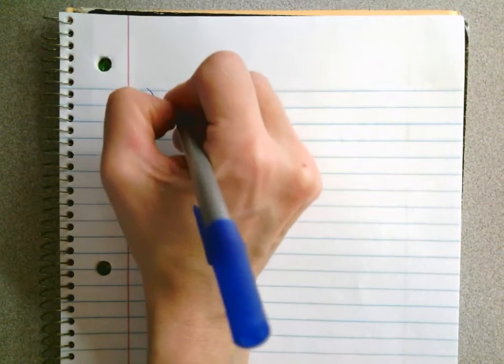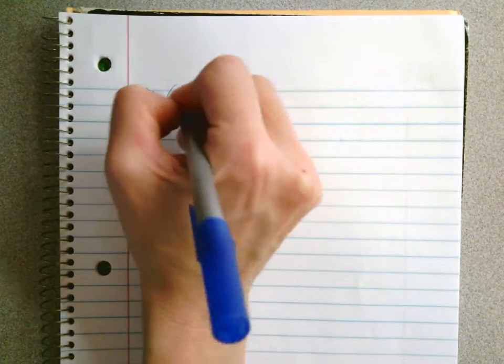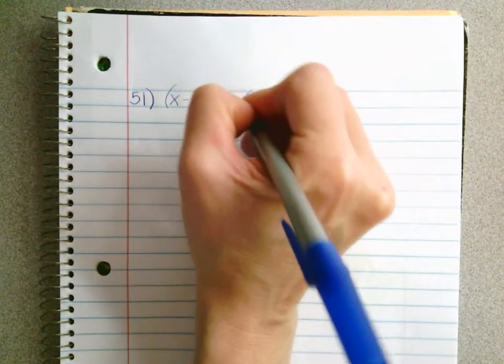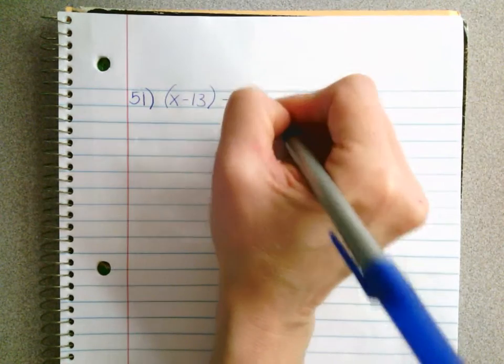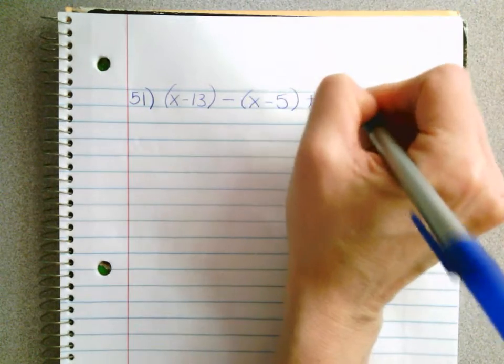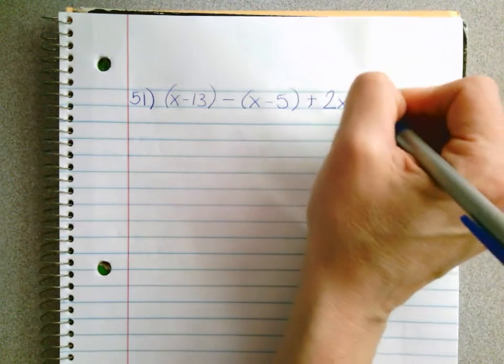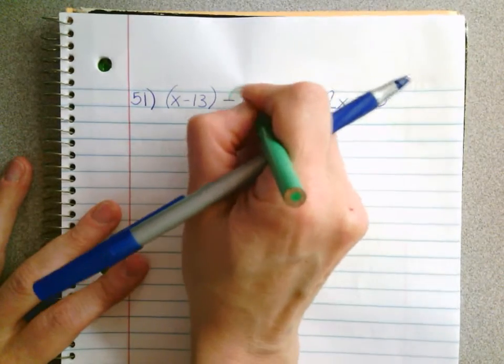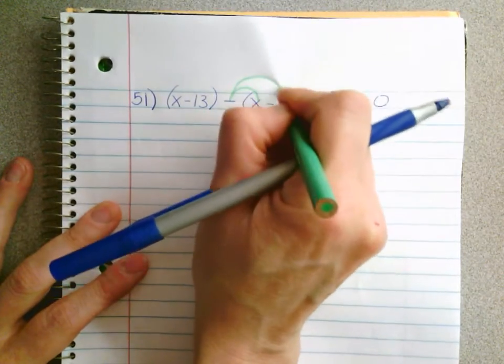Whatever x minus 13 is, minus x minus 5 added to 2x is equal to 0. Here's the tricky part. This applies to that x and that negative 5.